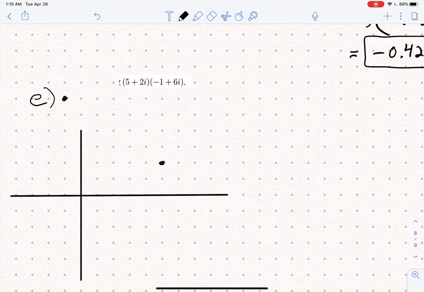We could, of course, multiply them out using FOIL, and we would see where the answer is. But I can give you an idea of where that answer is going to be just by looking at this picture.